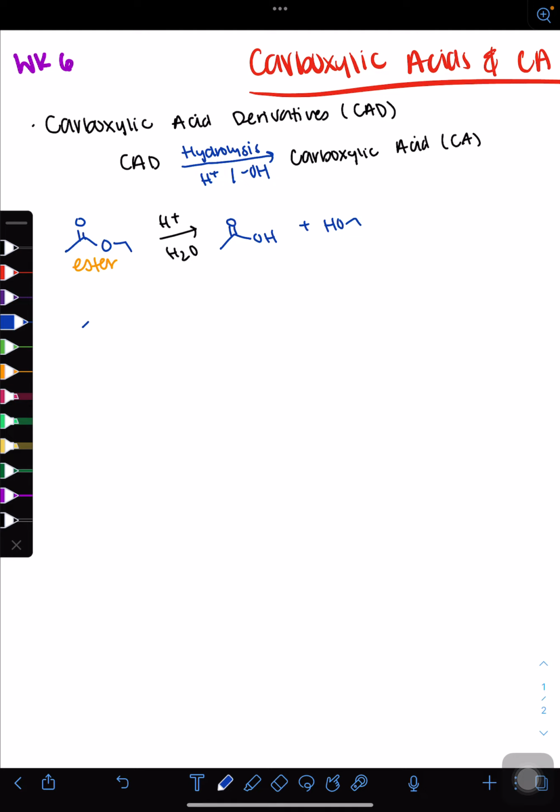Well, what if we started with acid chloride instead, and same thing, an H plus with H2O, acid chloride, we get the exact same thing, but instead of this, we're gonna get an HCl. Okay, what about if we use a nitrile?